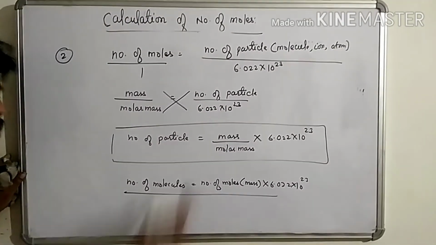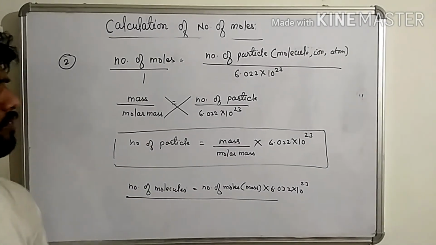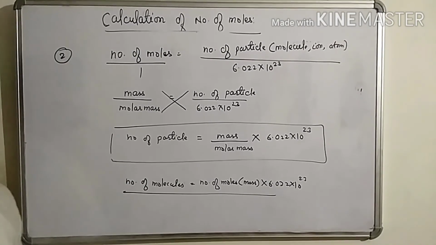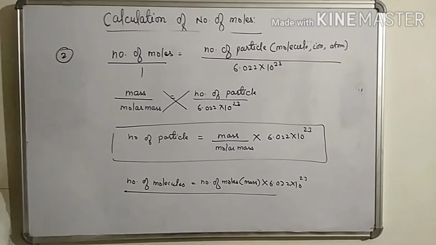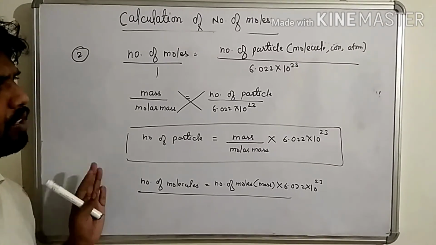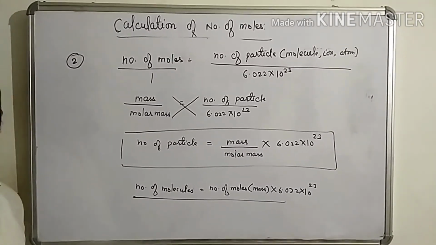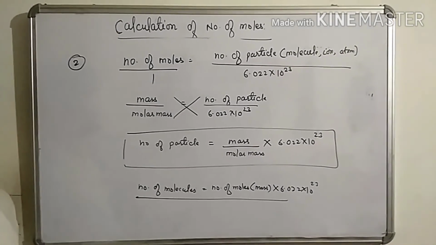Clear children? Both are same. Write in your copy. Very simple formula children. Now I will give you an example, after that you will be able to understand clearly. One question given there in NCERT. Let us try to solve.